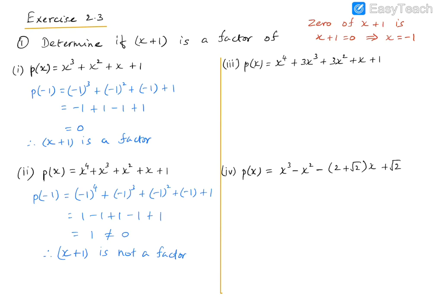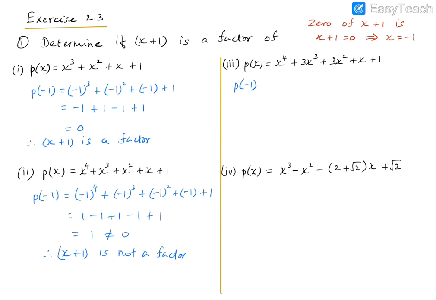So it will be a factor only if p of a is equal to 0. In this case it is not equal to 0, so therefore x minus a, which is x minus -1, which is x plus 1, is not a factor of this particular polynomial. Let's again check for this third example. So again we are going to evaluate this at -1. Why are we evaluating at -1? Because our binomial given is x plus 1.